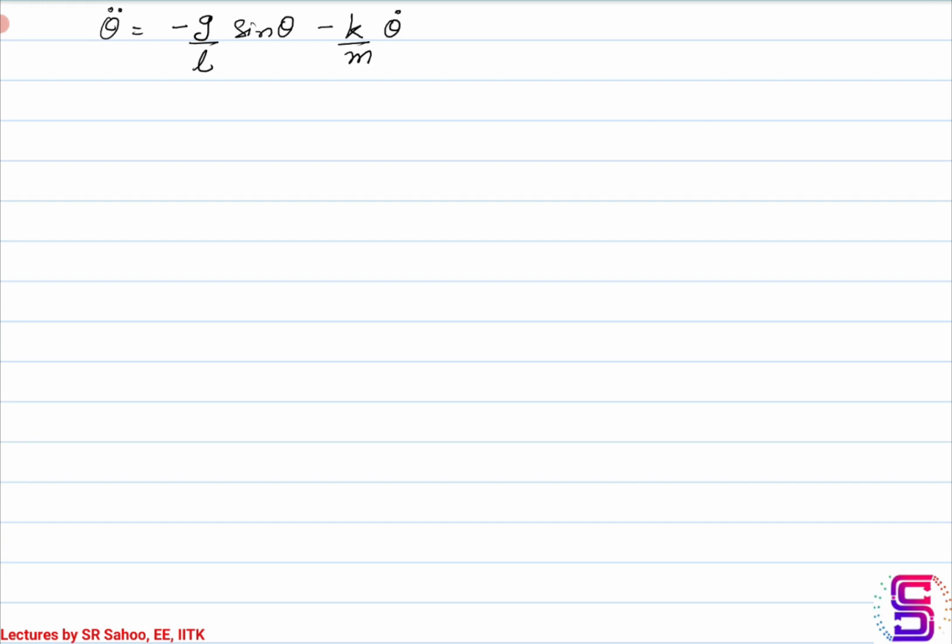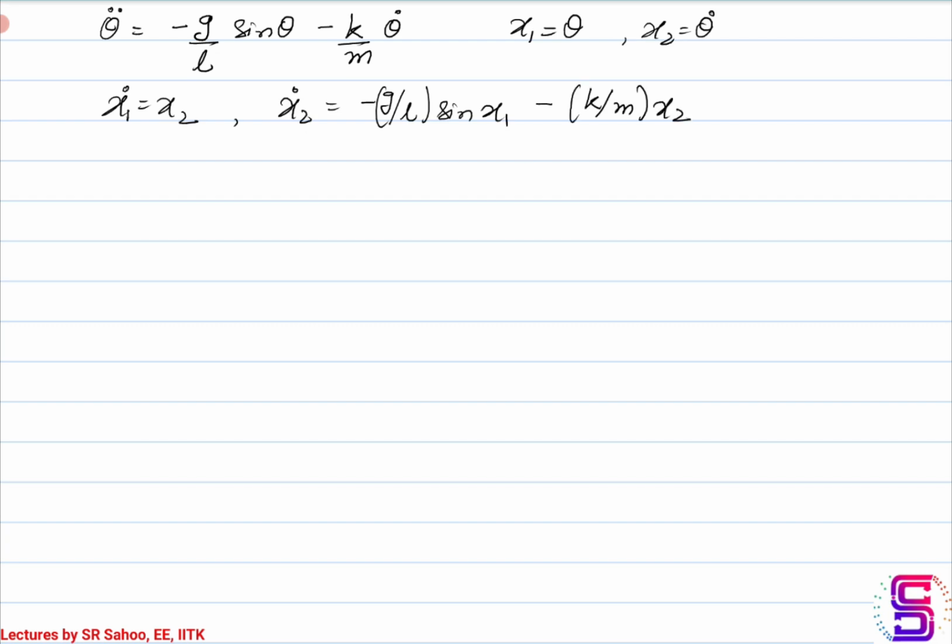Okay, all the coefficients that we are considering are positive constants. So again, we can set the states x1 to be theta and x2 to be theta dot. So we'll have x1 dot equal to x2, x2 dot equal to minus g by L sine x1 minus k by m x2.